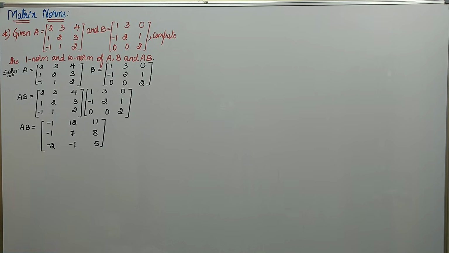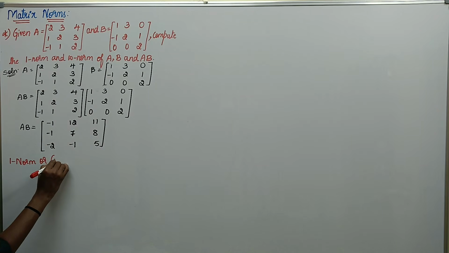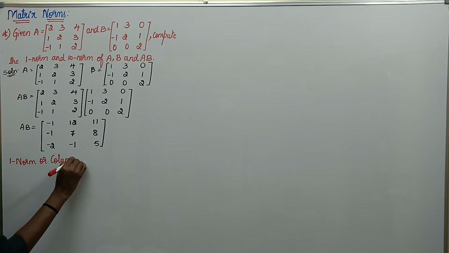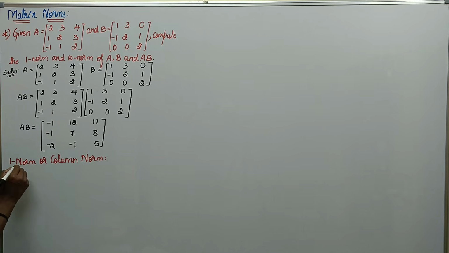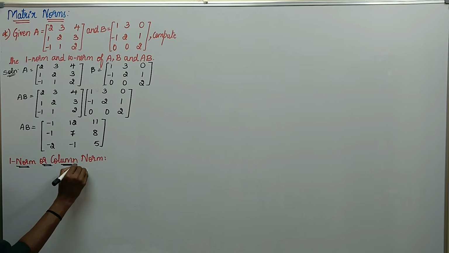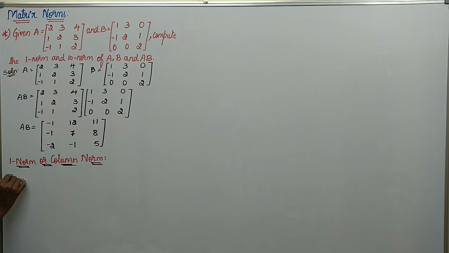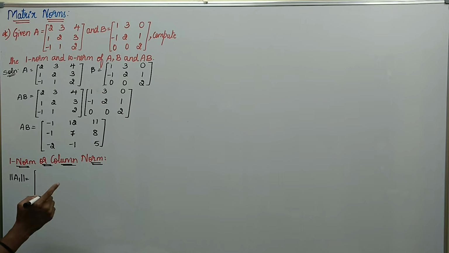To find the one norm, or column norm, first let us find norm A1. Since I have told, while representing the matrix, we are supposed to add column wise.